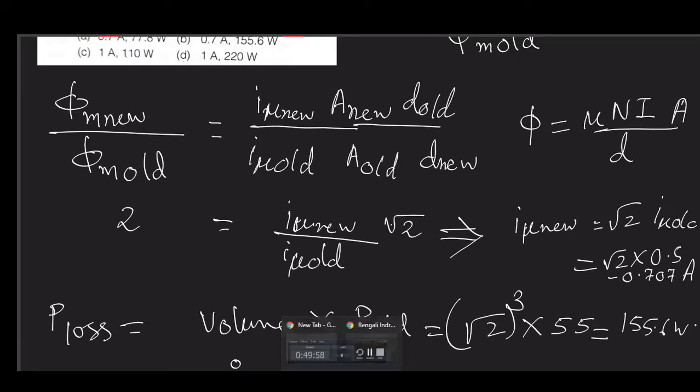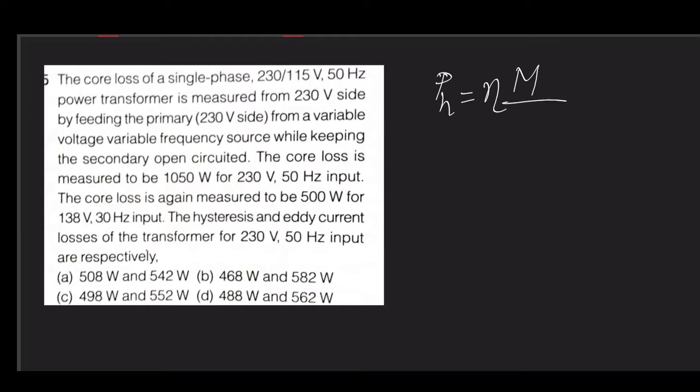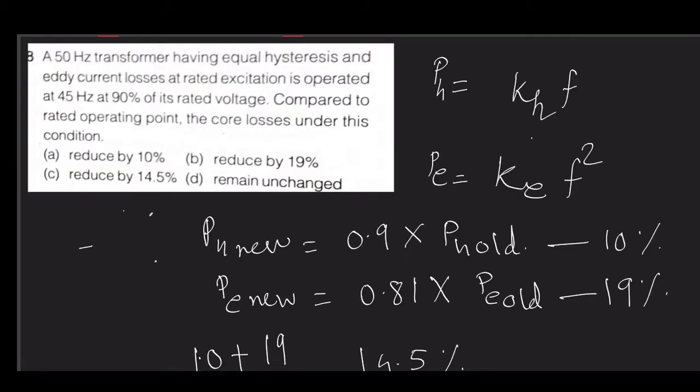Now let us move to the second question. When you get this type of formula, first let us write what PH was: eta by m delta, then there was some f, Bmx and another few things were there.